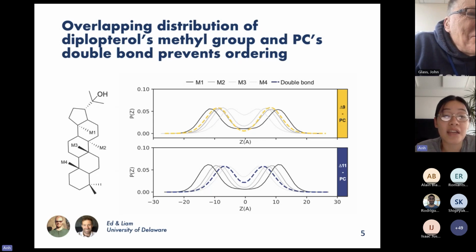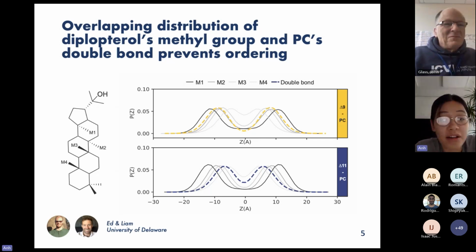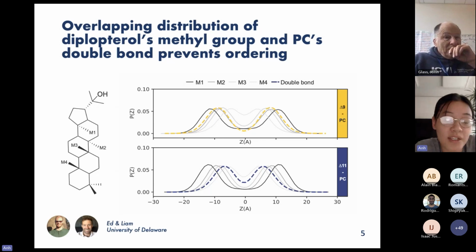And there might be a steric hindrance that stops them from packing closer to one another. This did not happen for delta 11, which might explain why they can pack together and create this condensing effect.